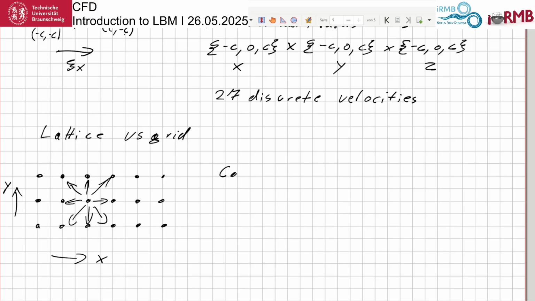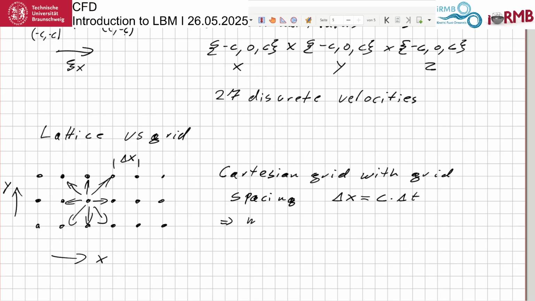So we have a Cartesian grid with the grid spacing delta x being equal to c times delta t, where delta t is our time step.